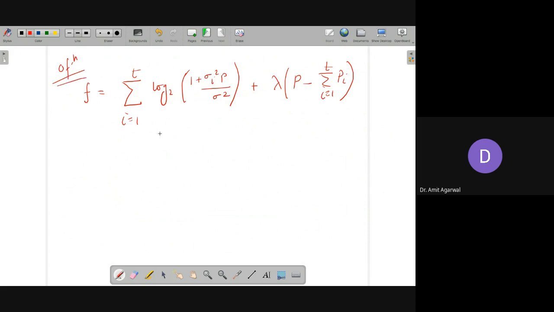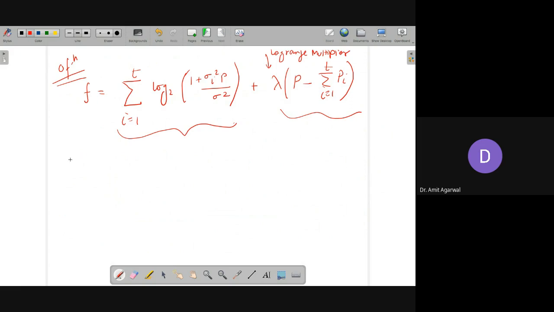We first write the function we want to maximize, and whatever the constraint is, we multiply it with a Lagrange multiplier, and the subject-to condition is written like this.